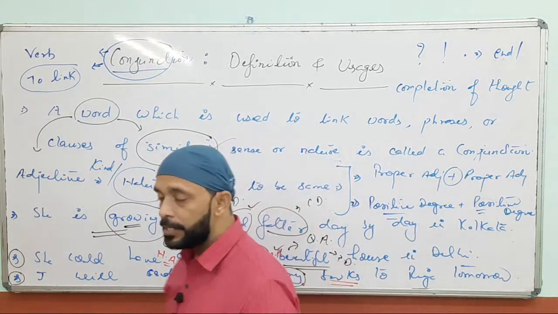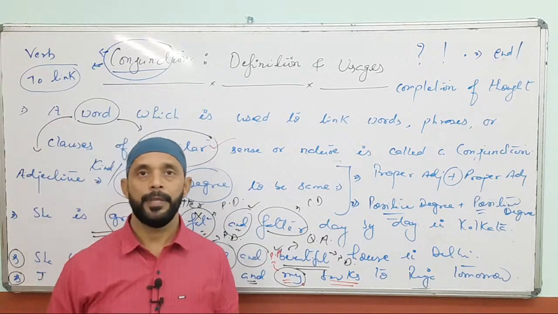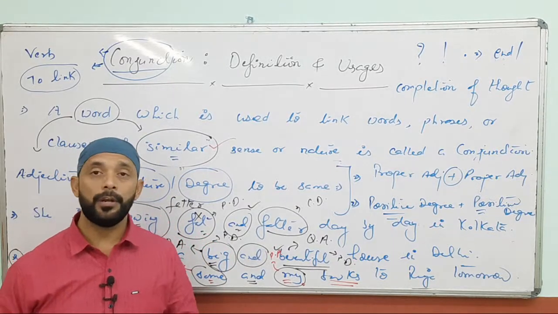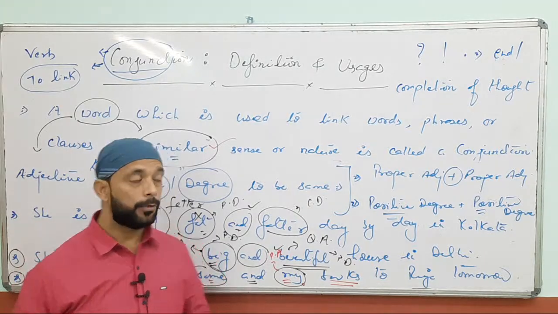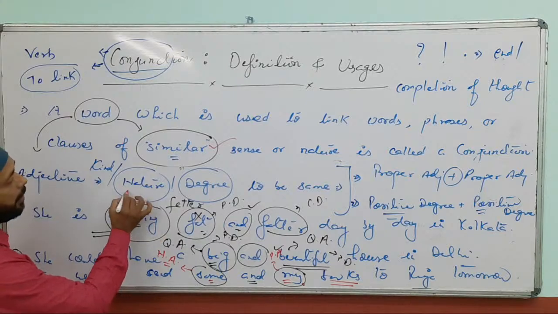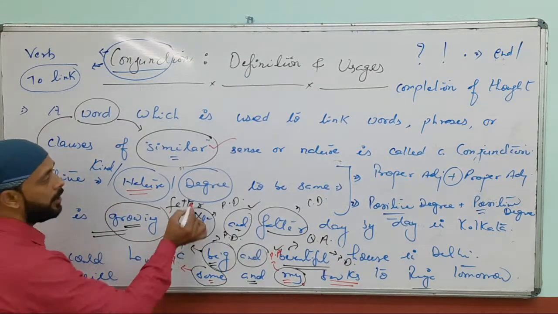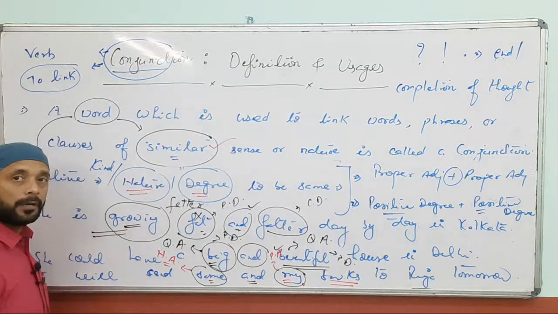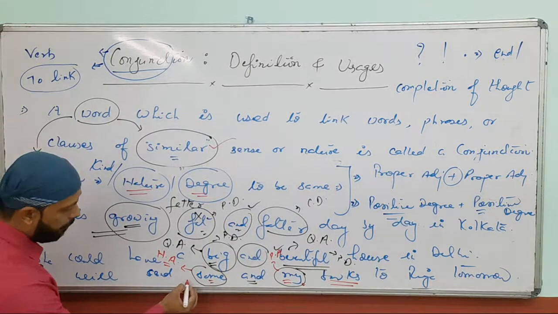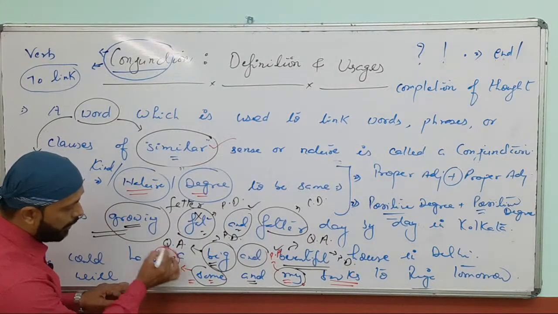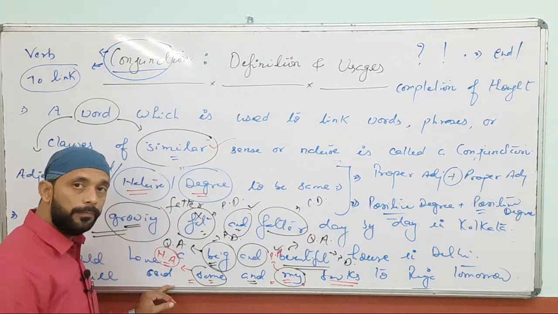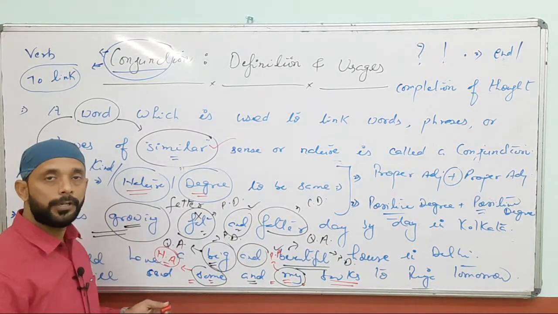If the natures are not the same, if the kinds of adjectives are not the same, we cannot use a conjunction here. Because we have to go with the same natured, same degreed adjectives to be linked. Here the adjectives are different. One is a numeral adjective, the next is a possessive adjective. So simply what will you do? You will remove the conjunction here.